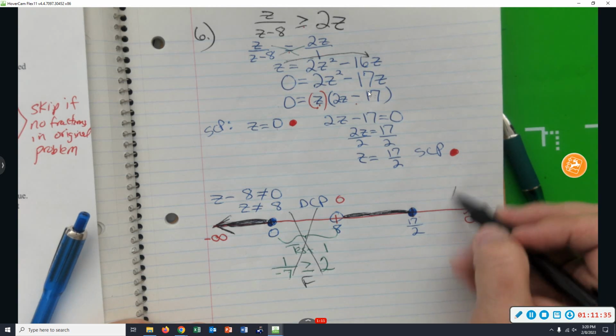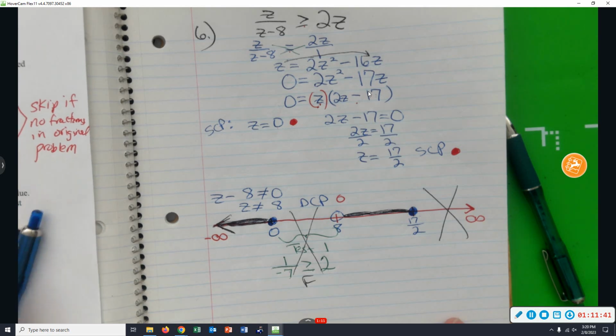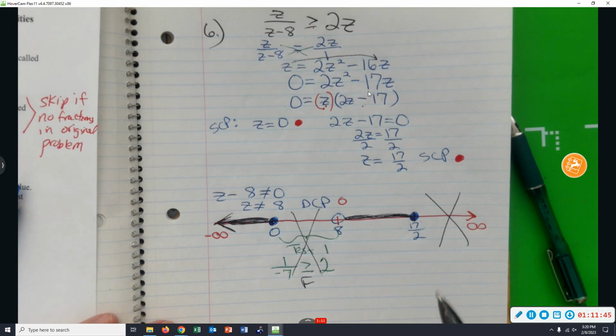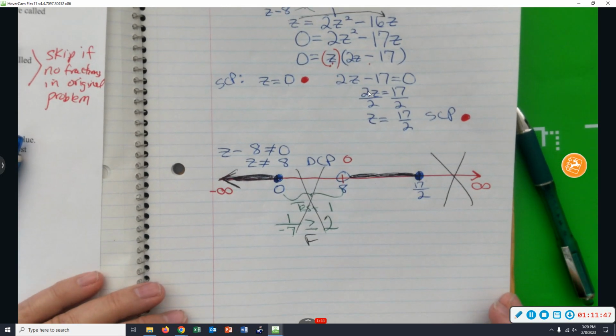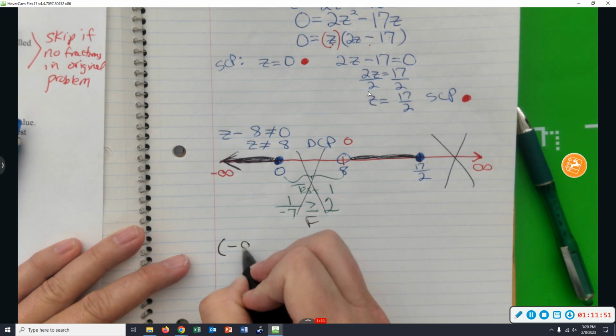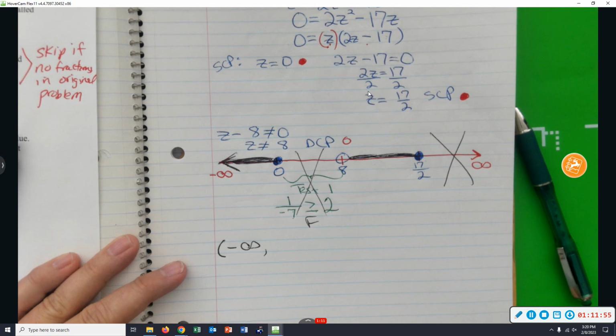Here, false. If you test a number bigger than 8.5, it'd be false. This would have been a good one to think about. I could see us thinking and deciding that all the numbers between 8 and 8.5, not including 8, but including 8.5, that's a solution.